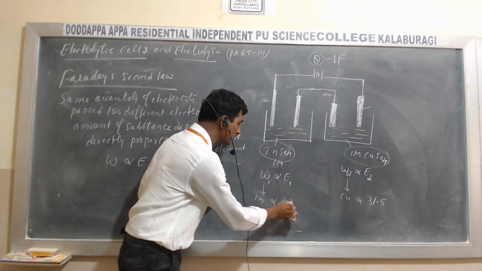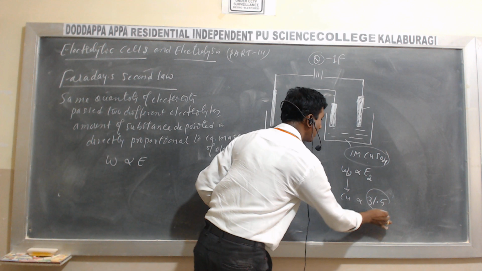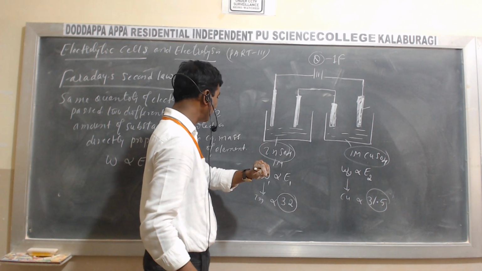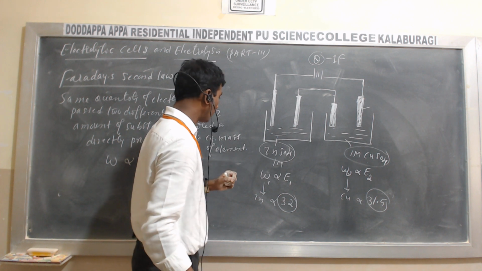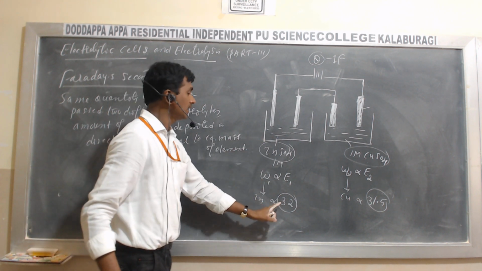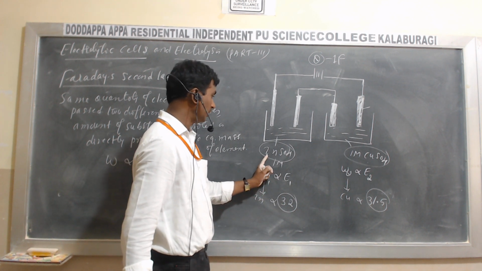Here the equivalent mass of zinc is 32 and of copper is 31.5. So when the same quantity of charge is supplied between the two electrodes, the amount of substance deposited at an electrode is directly proportional to the equivalent mass of their individual elements.